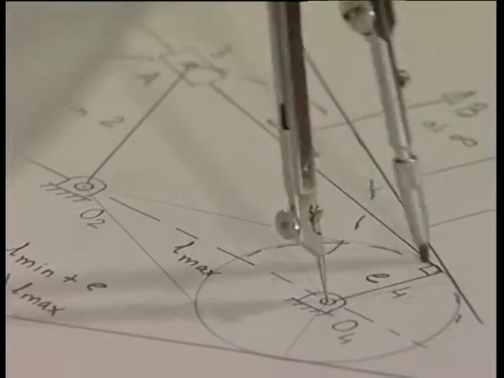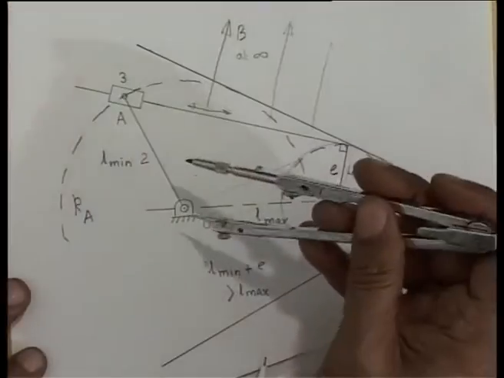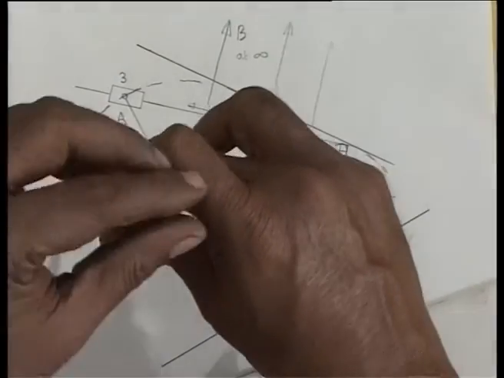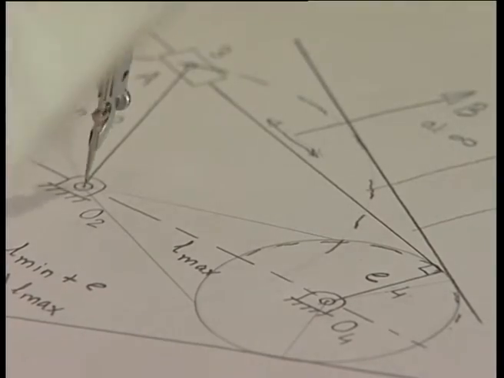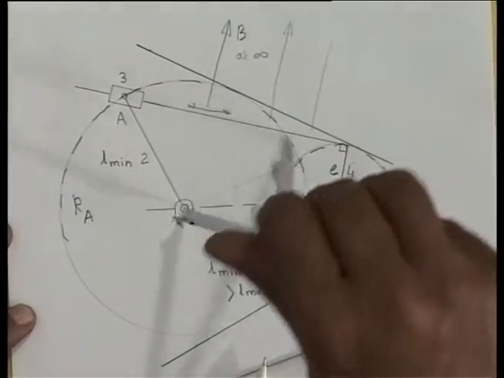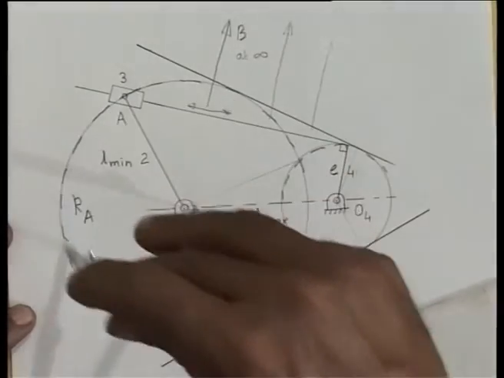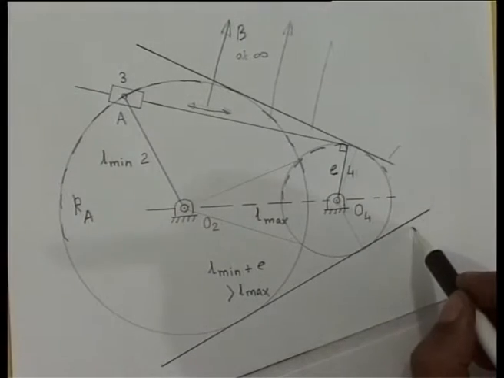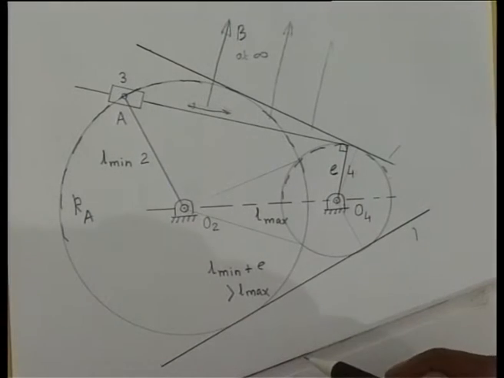This is one circle centered at O4, and this is the other circle centered at O2 with O2A as the radius. So, these two lines represent the common tangents to these two circles.